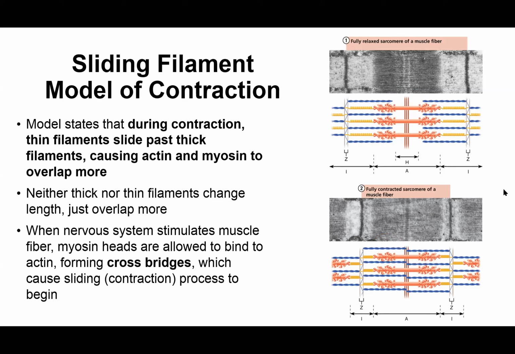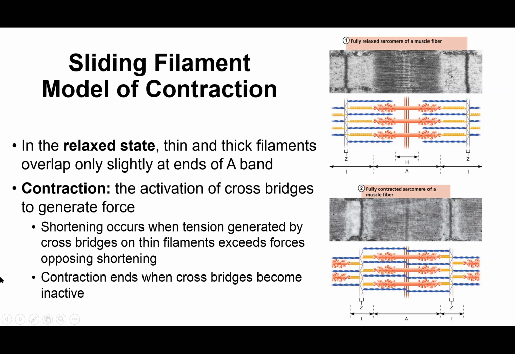So let's talk a little bit more about this sliding filament model. As I just mentioned, whenever the muscle is relaxed, the thin and the thick filaments are only slightly overlapped, just at the ends of the I bands. However, during contraction, these things called cross bridges are going to start happening, and these are going to generate forces that will essentially move the thin filaments closer to the M line.